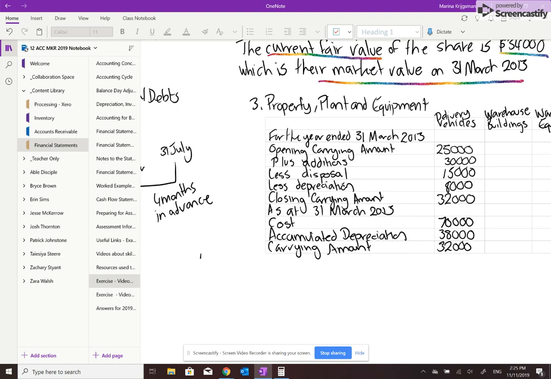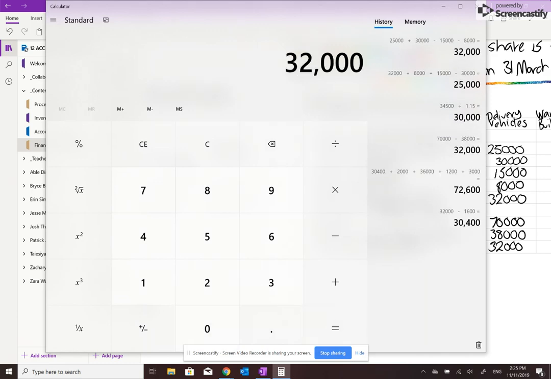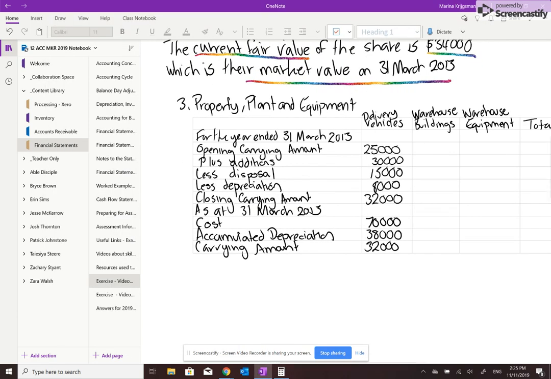And we can check that we're right by going 25,000, plus the extra 30,000 for the new one, minus the carrying amount of the old one, minus the depreciation for this year, gives us 32,000, so we know it's right. Now let's have a look at our warehouse buildings.